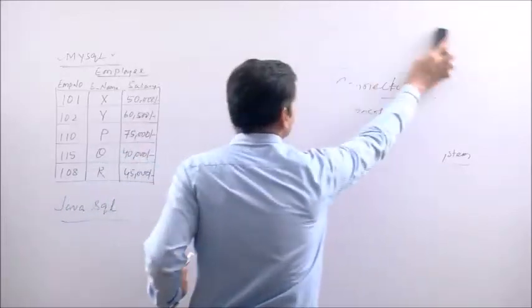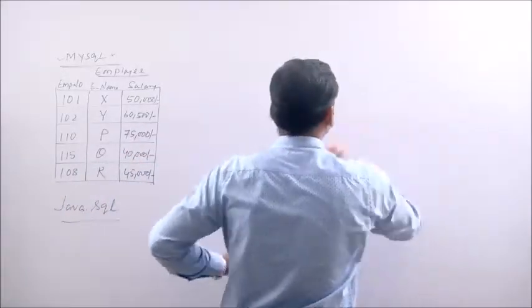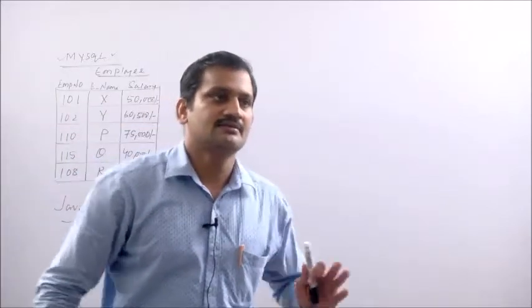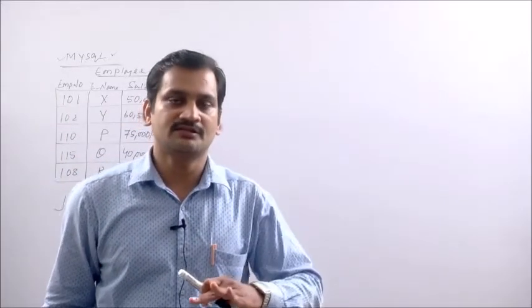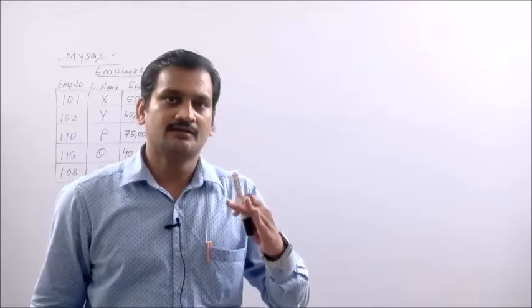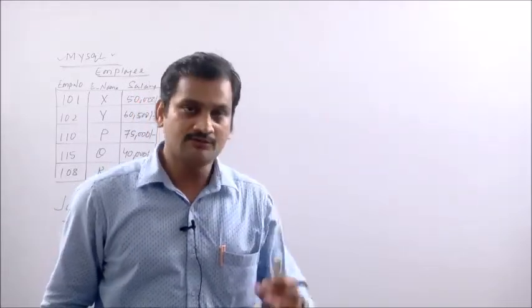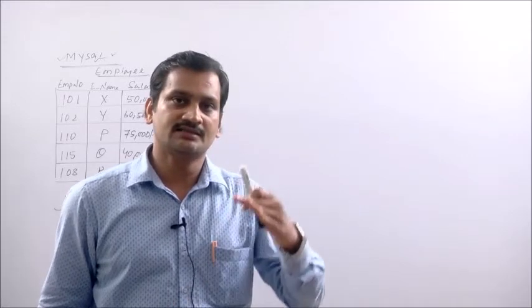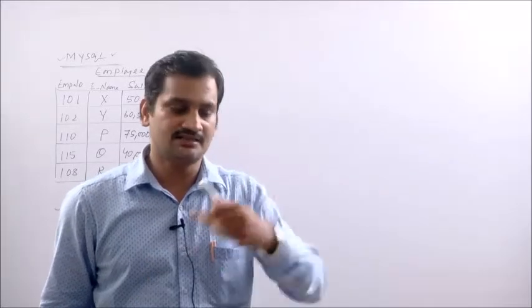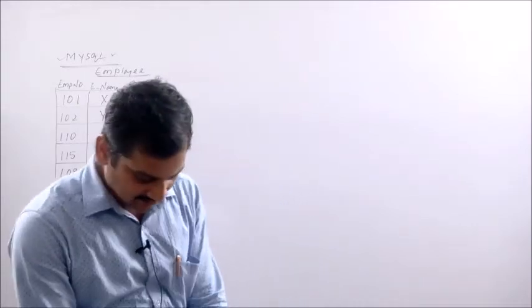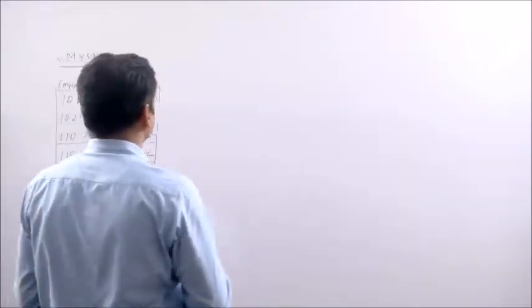There are some stages: connecting to the database, retrieving the data, and performing operations. These are the basic steps of writing a program in Java and communicating with the database. But all these things are divided into some steps. Let us discuss each of the stages in a JDBC program.